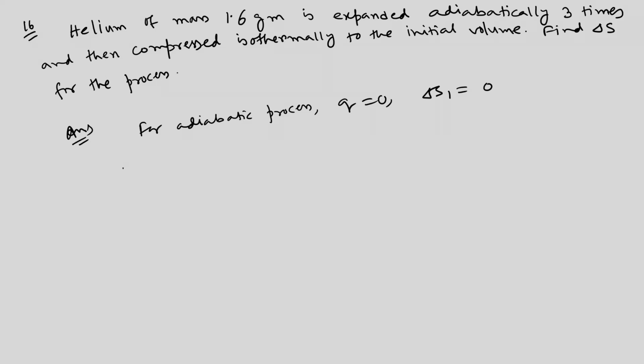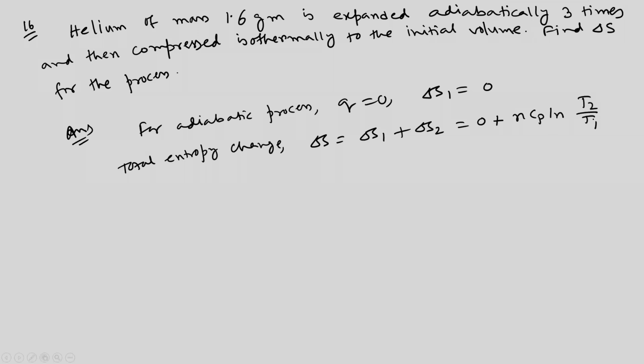Now, total entropy change for the process, delta S is delta S1 plus delta S2, and delta S1 is 0 and delta S2 is n Cp ln T2 by T1.